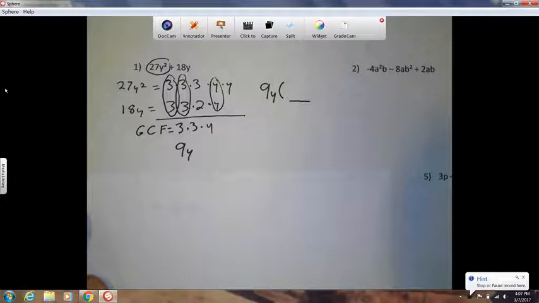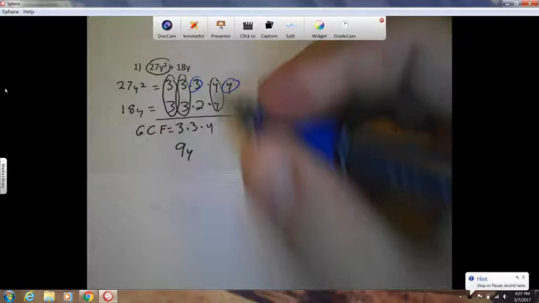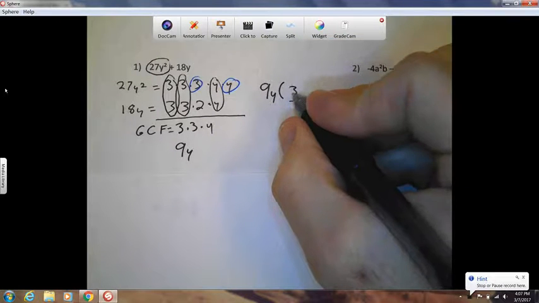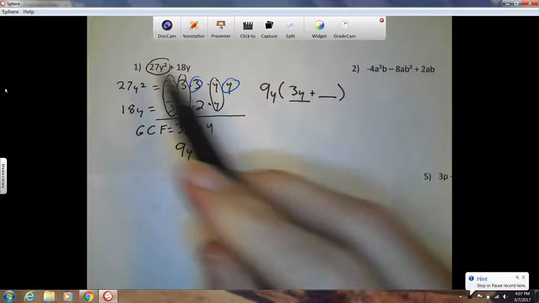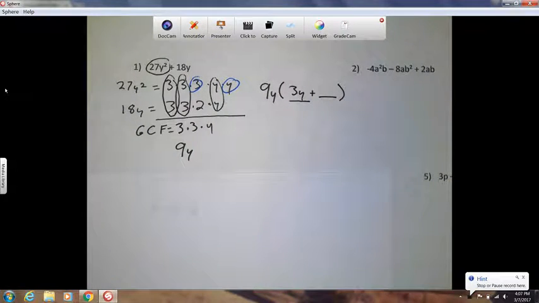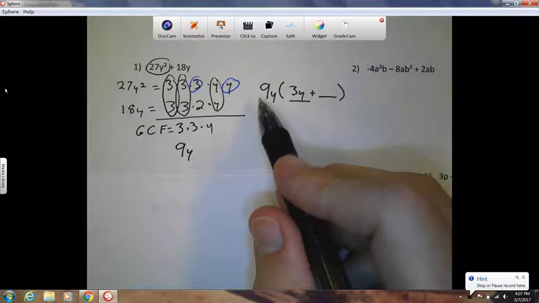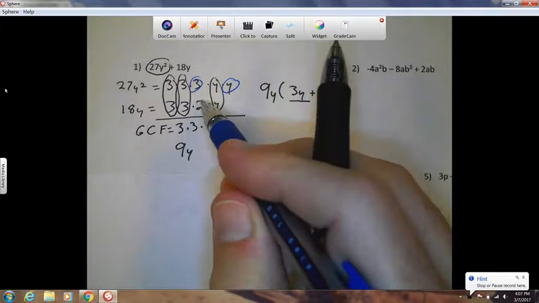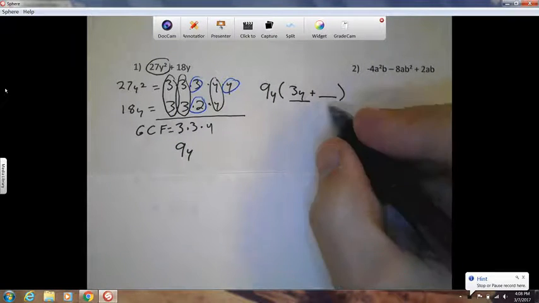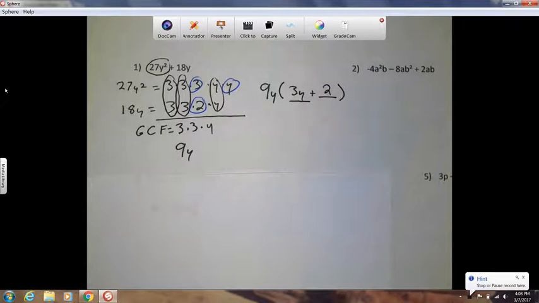But if you found the greatest common factor this way, it's really easy to determine what you need to put there, because it's right here in blue. 3y. 9 times 3 is 27. y times y is y squared. Now I need 9y multiplied by something to give me 18y. And it's what's left. So it's 2. So here I have factored.